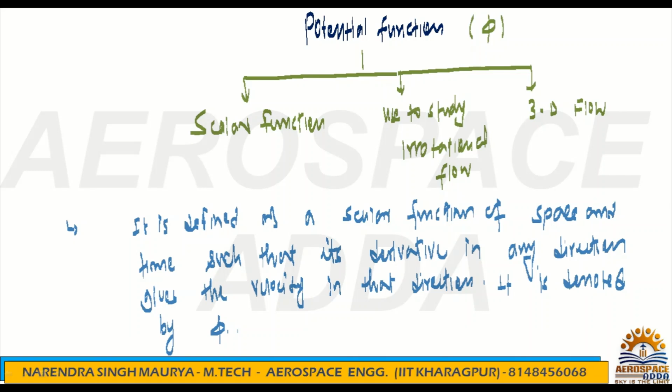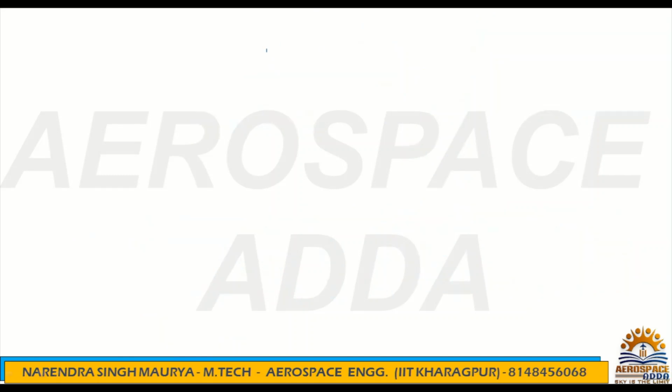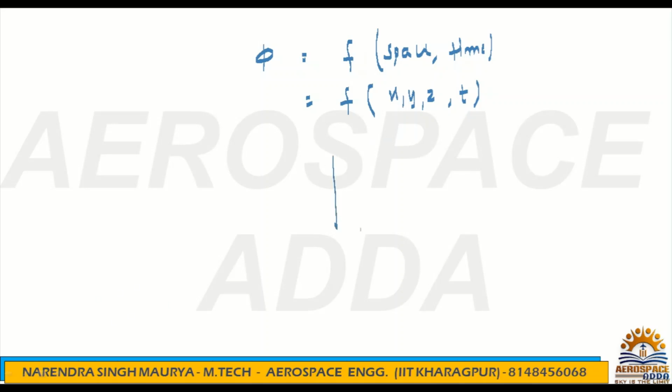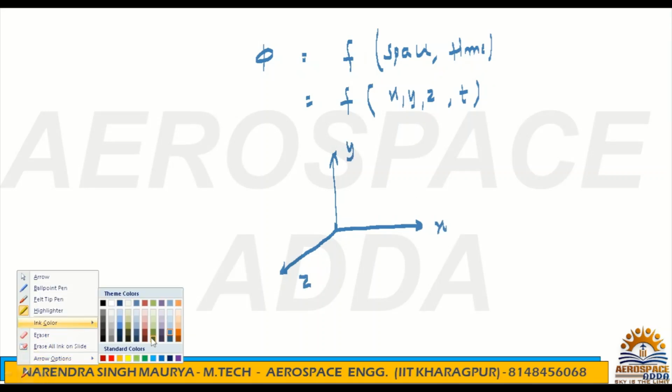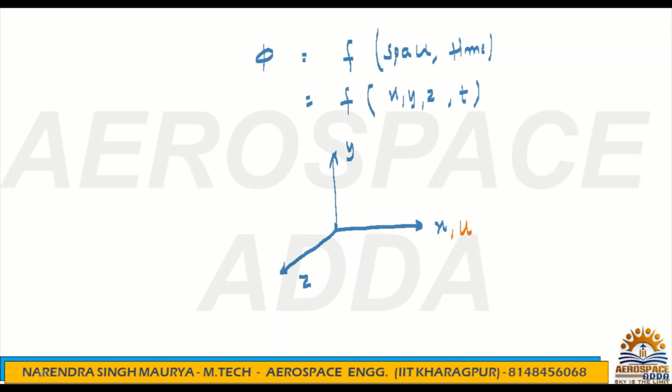Like mathematically how to get it, that is important. So this potential function, which is denoted by phi, is a function of space x, y, z, and time t. Because it is valid for 3D, definitely we have to talk about the x, y, z axes. In the direction of x, the velocity component is u.